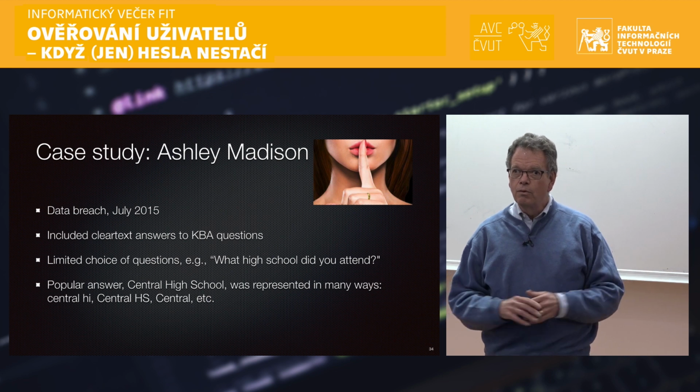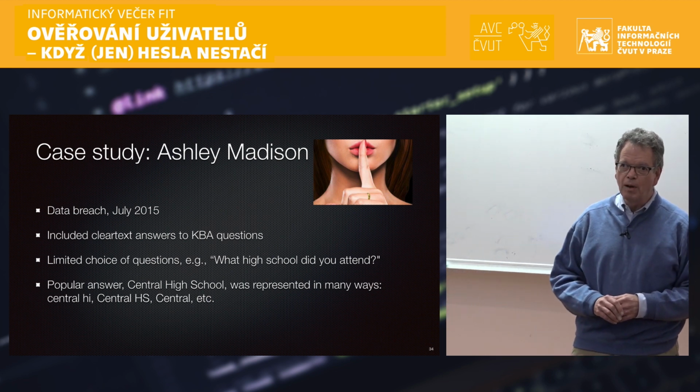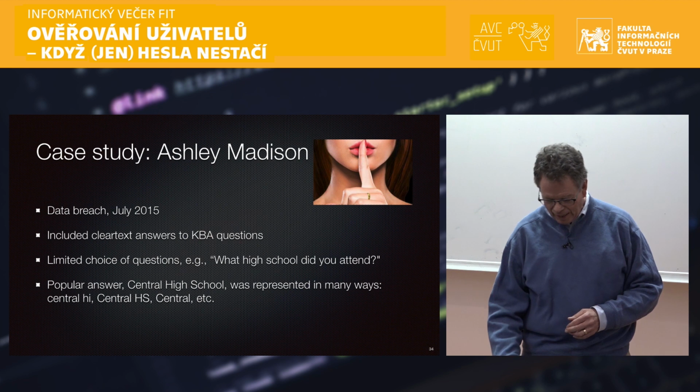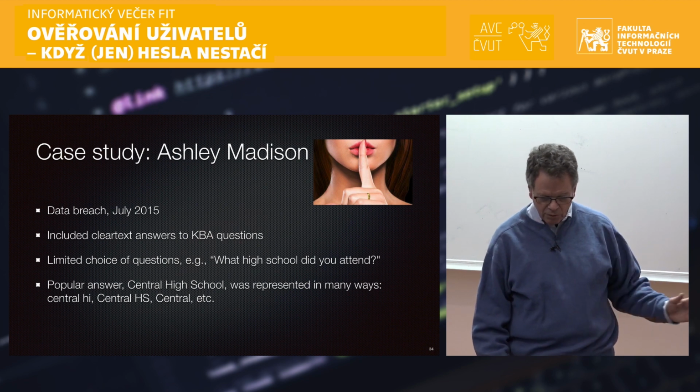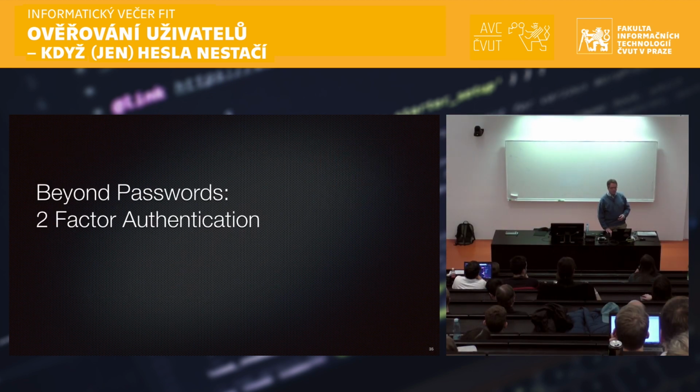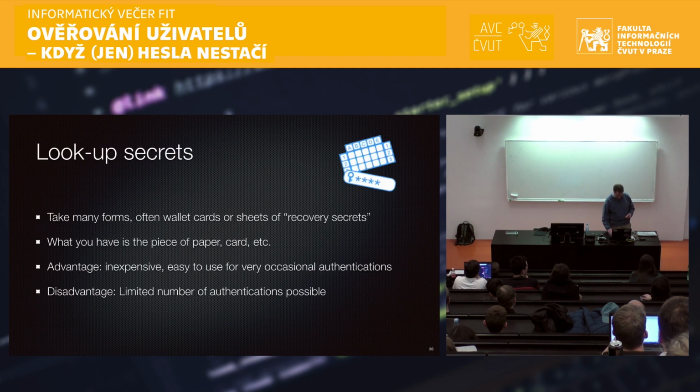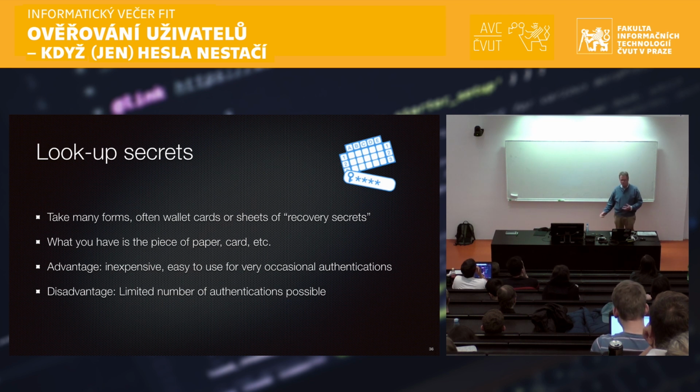So we've talked almost exclusively about passwords now, and what I'd like to do is go on to two-factor authentication, which you need if you need higher security, and there are lots of ways to do that. I'll talk about why we have so many different ways to do two-factor. People say two-factor authentication is expensive because I need some special hardware.